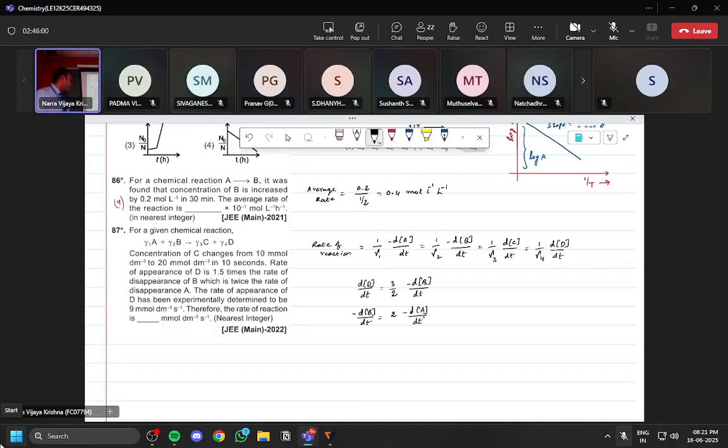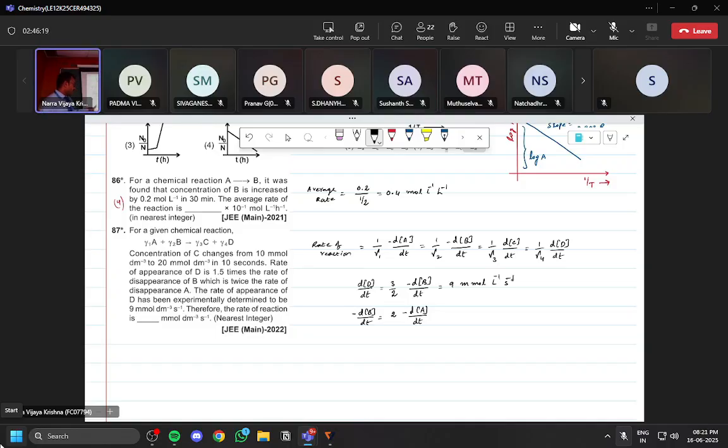Correct, sir? Then the rate of appearance of D has been experimentally determined, they gave this value as 9 millimole per liter per second.